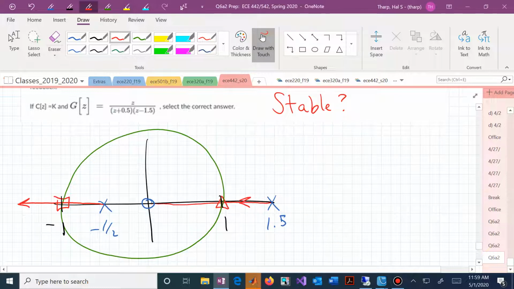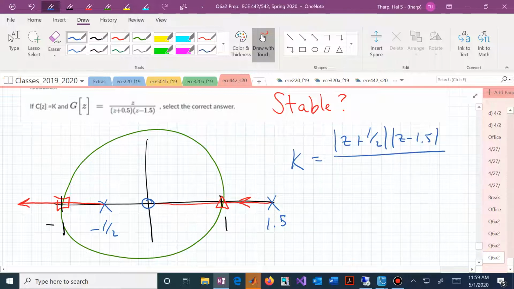We now need to look at the gains at those 2 locations and hope, if we want stability, for this gain to be smaller at the triangle than it is at the box. So in this case, we would look for k, which is now z plus 1/2 over z minus 1.5, all over z.